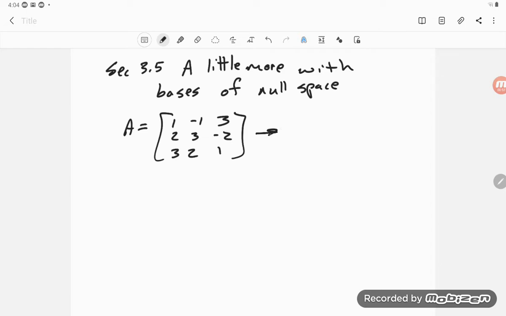And that row reduced to a matrix B. It was 1, 0, 0, 0, 1, 0, and then 7/5, -8/5, and 0, like that, when we did our row reduced echelon form.